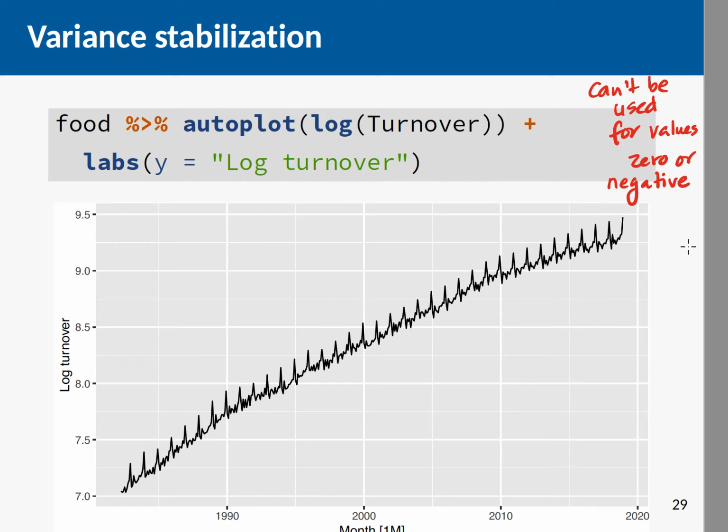It's not defined for those particular values. So you want to be careful of that. But there are ways around it. Sometimes people add constants and try to make the series positive.